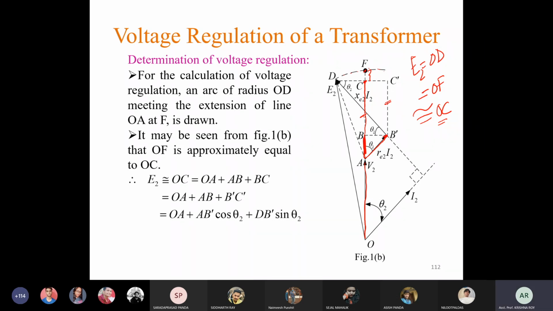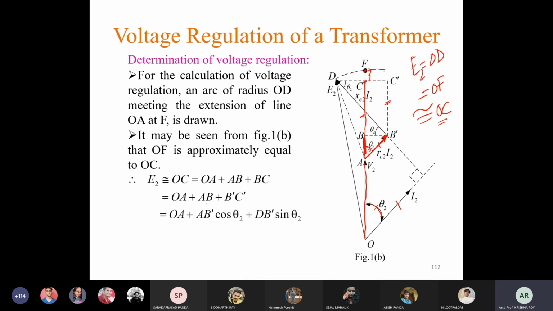This is the cosine component of AB dashed. This angle is theta 2, because this line and this line are parallel, and this is the transversal, so this angle and this angle are the same. Is it okay with everyone? Yes, sir.